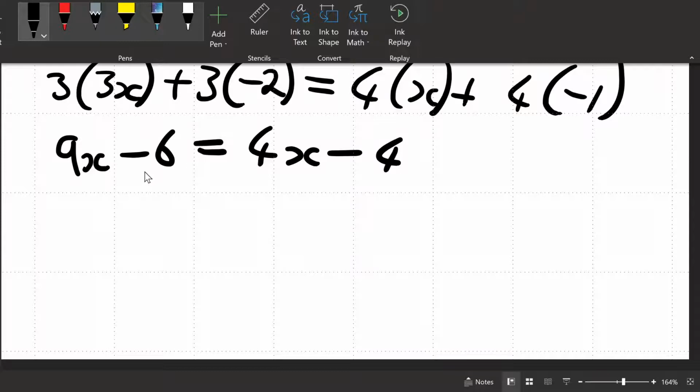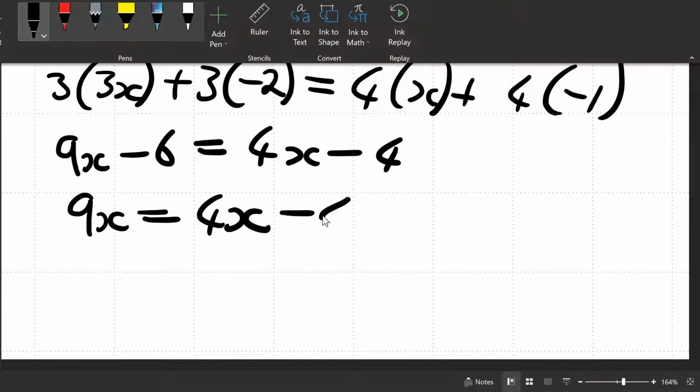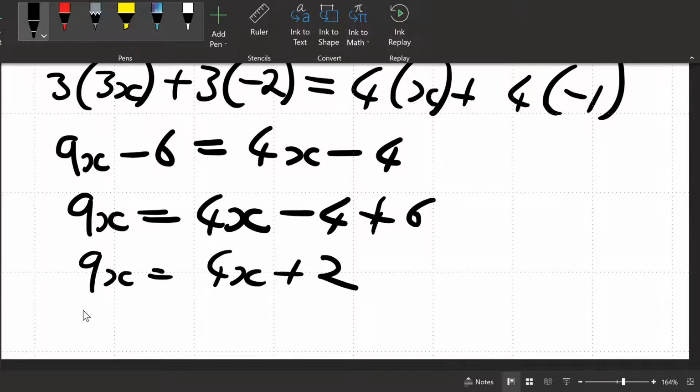So we're going to add 6 to both sides of the equation to get rid of the 6 here. We'll end up with 9x equals 4x minus 4, and because we've added 6 to this side, we have to add 6 to this side. Minus 4 plus 6 ends up being plus 2.